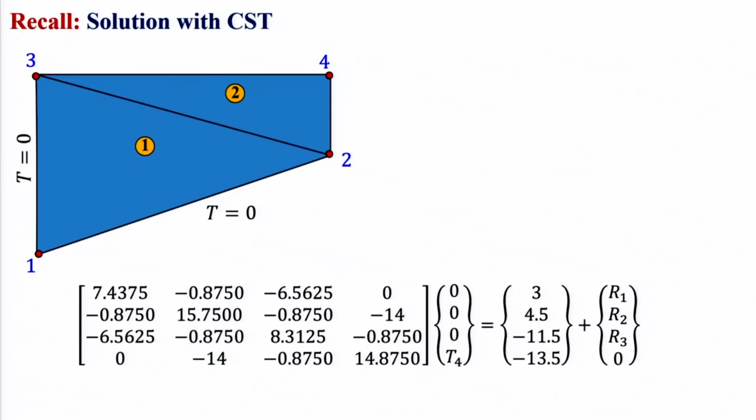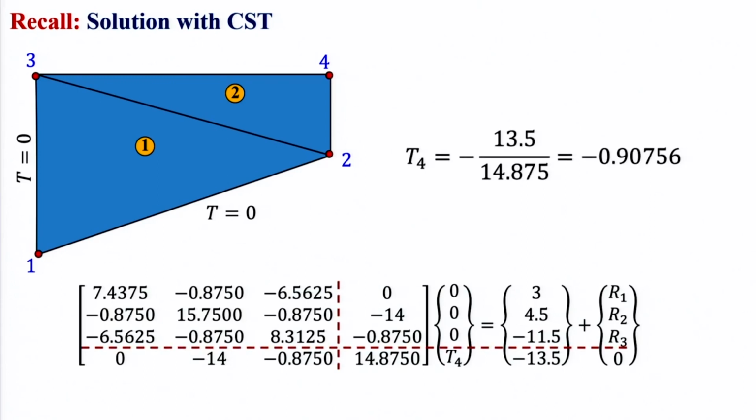Now recall, as I said, we had already solved this using the constant strain triangle, the 3-noded triangular element, and at that time our solution was this. But let us not take either solution for granted, whether the solution obtained from the triangular element or the quadrilateral element.